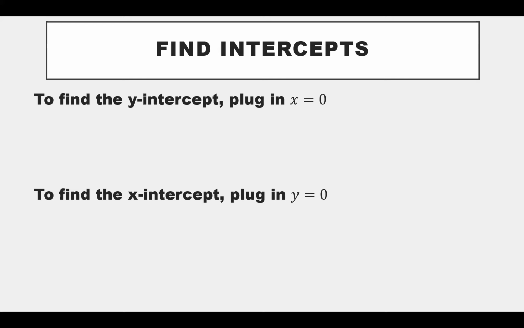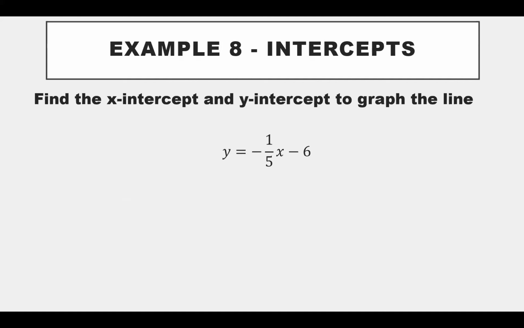Similarly, to find the x-intercept, each x-intercept has the form (x, 0). So we just plug in a y value of 0 and find the x-intercept. Let's go ahead and do that in this example.